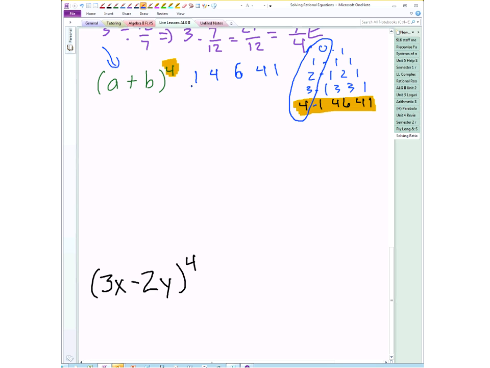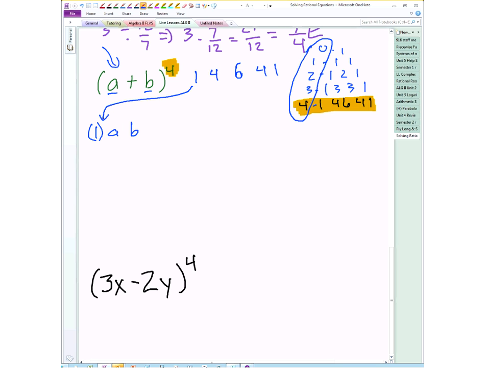It's pretty neat. This 1 right here, I'm going to put out here, it's a coefficient. And then I'm going to have both of these values that are in the parentheses. So I've got an A and I've got a B. Now, every one of the terms that I write is going to have a degree of 4. And this is one of the tricky parts.